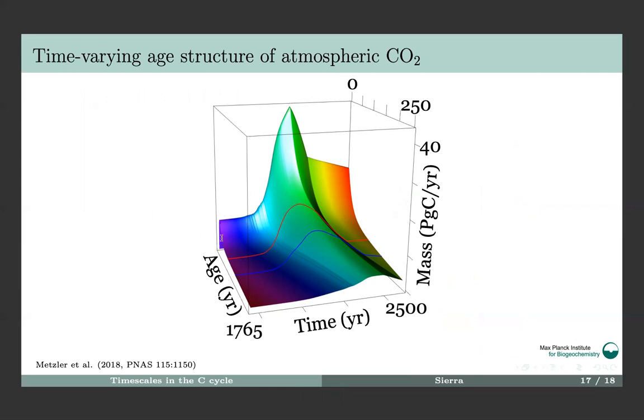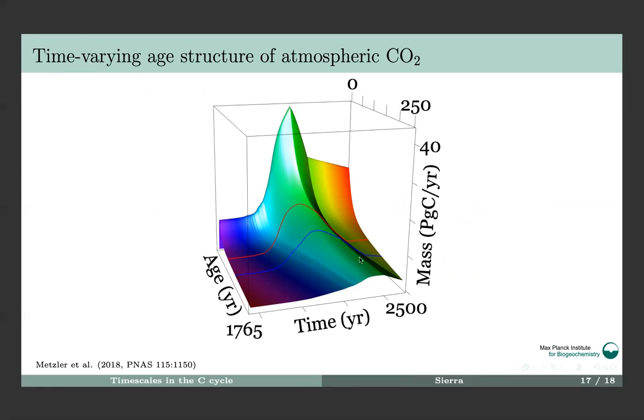We add fossil fuels to the atmosphere according to the RCP 8.5, and we add a huge amount of young carbon, and therefore most of the new carbon is young, and then that carbon starts aging, and therefore it becomes older later on.